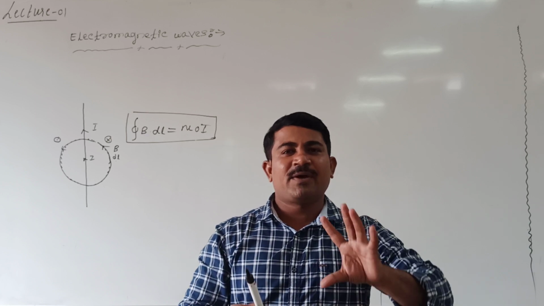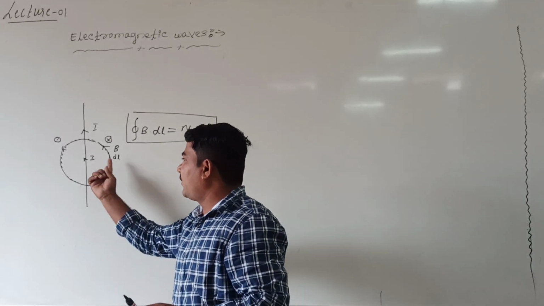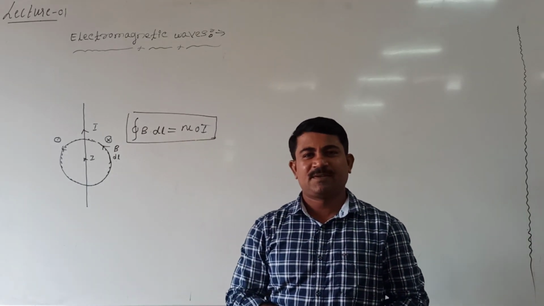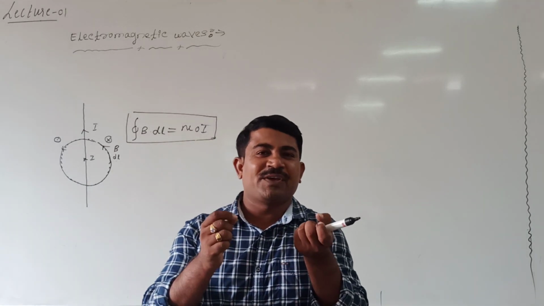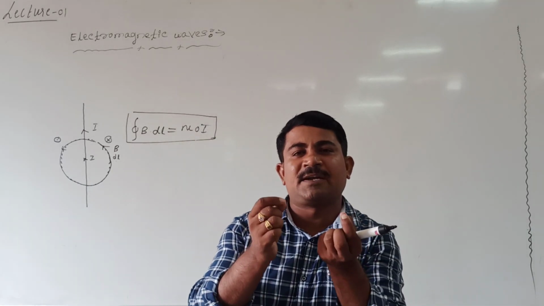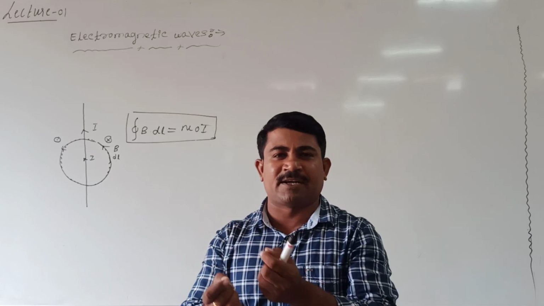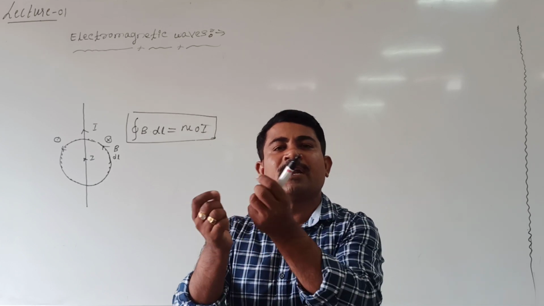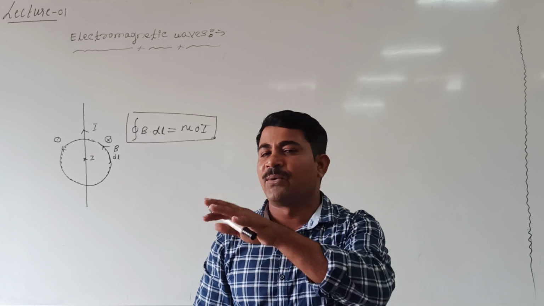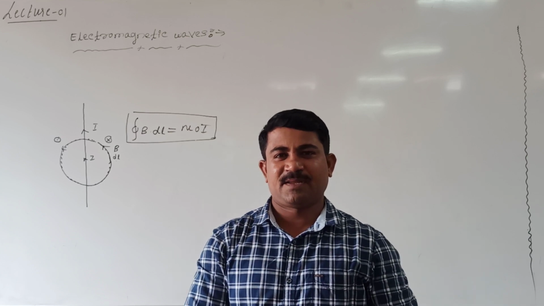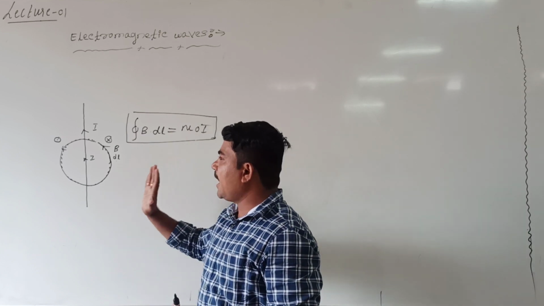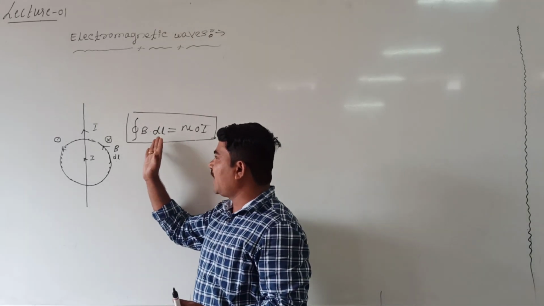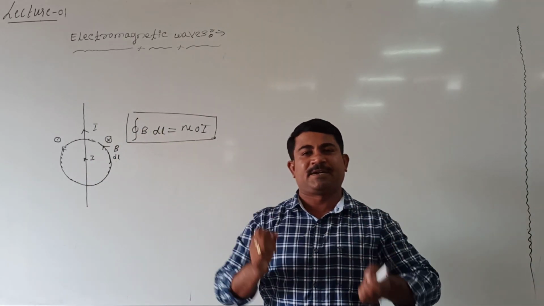What we know is that wherever current is flowing, magnetic field is produced. What is Ampere circuit law? Ampere circuit law calculated magnetic field around current carrying conductor, and that current is due to only conduction current. Maxwell was only able to find magnetic field produced by current carrying conductor.